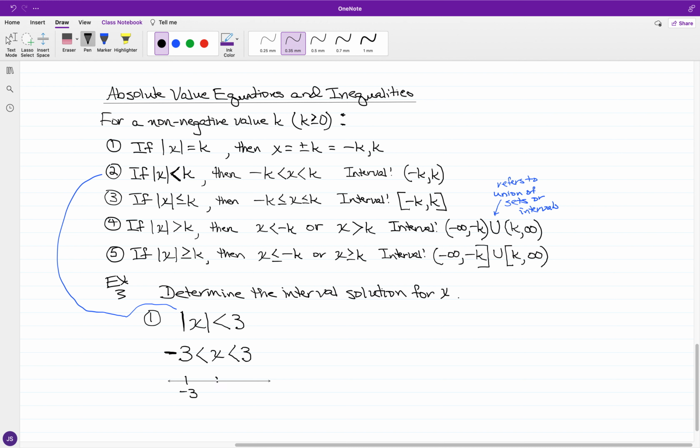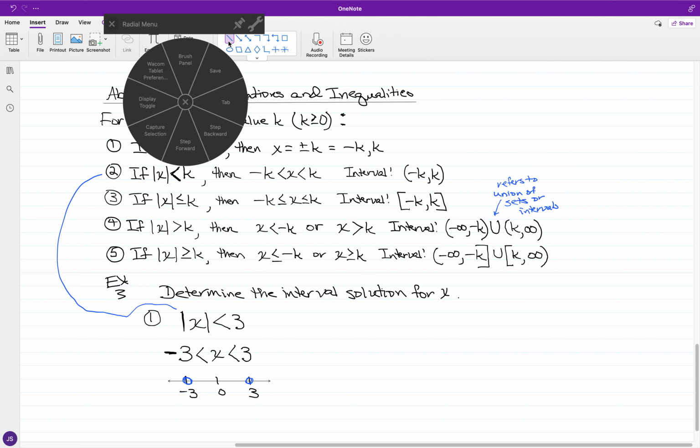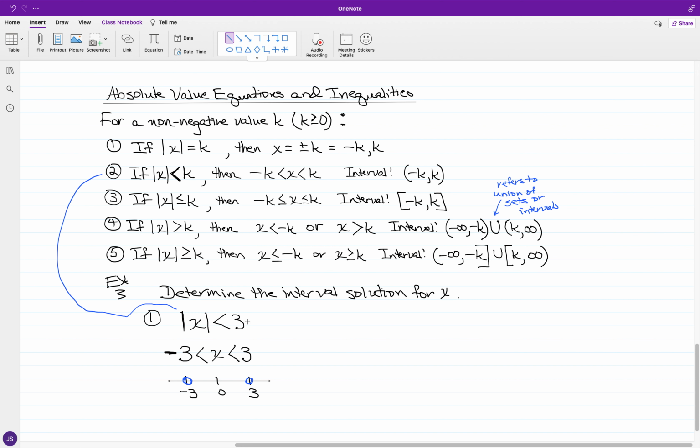Again, just from a graphing perspective, to give a bit of a rough sketch: negative 3 is less than x is less than 3, so neither negative nor positive 3 will be included. Instead, you're going to have everything else in between.